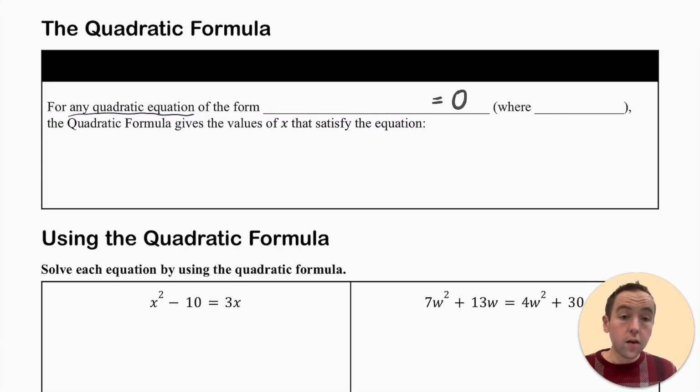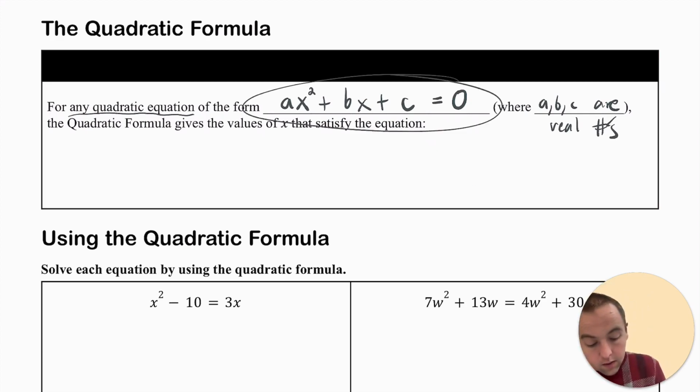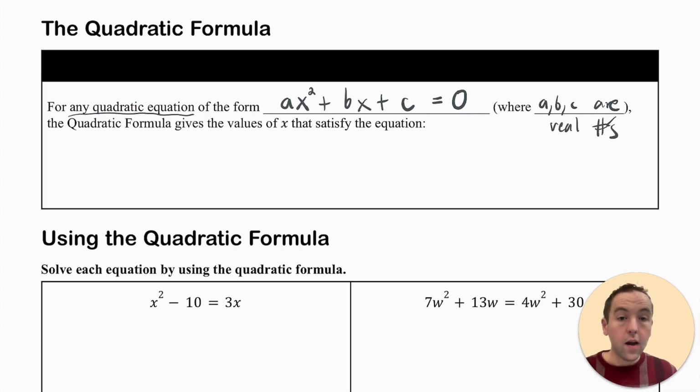So whenever you have a quadratic equation where there's a 0 on one side of it, and you combine all your x squareds together, you'll have some number a times x squared, plus your x term multiplied by some constant number b, and then just a constant, a number c. If you get an equation of that form, and those a, b, and c values are just any real numbers, then we can take this equation and figure out what the x values can possibly be by using the quadratic formula.